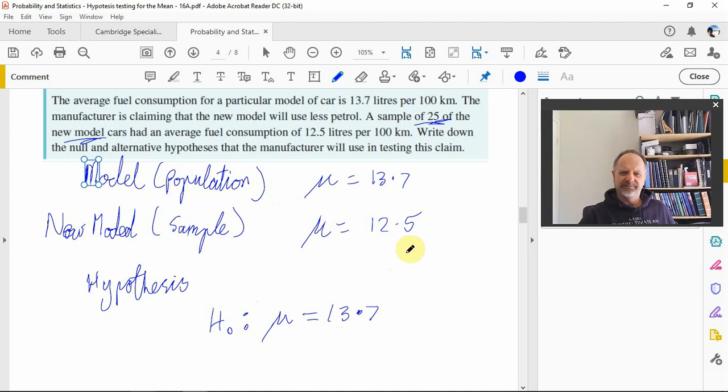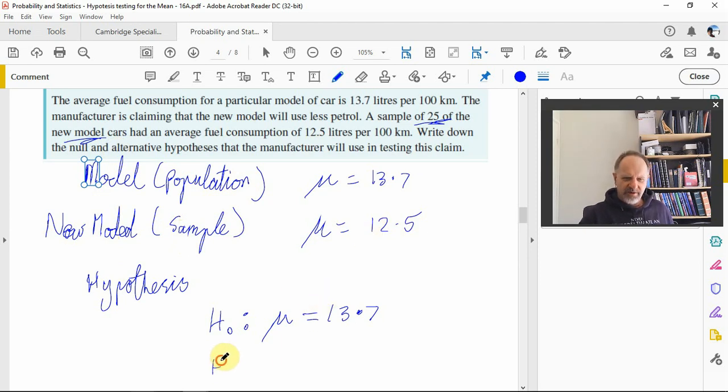We're saying that even though we've got a sample and our sample says 12.5, if we were to produce thousands of this new model and test them all, we would end up with a mean fuel consumption the same as this population.